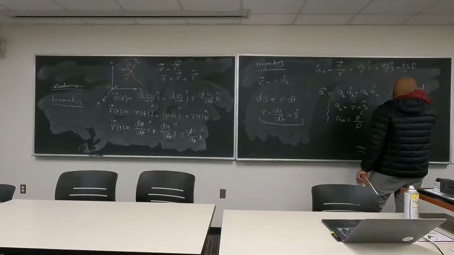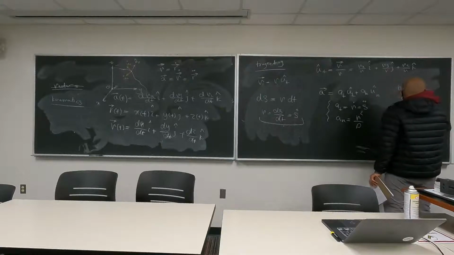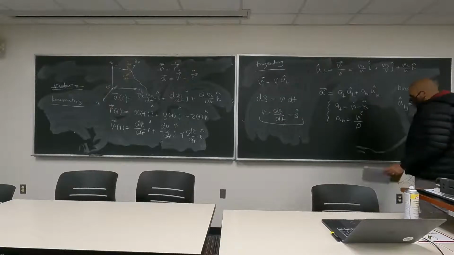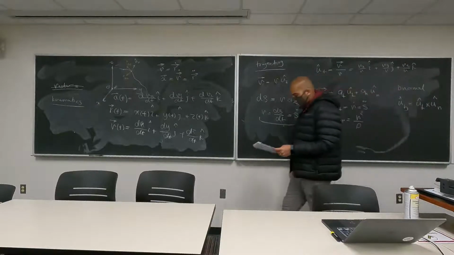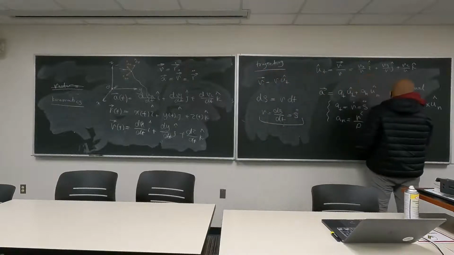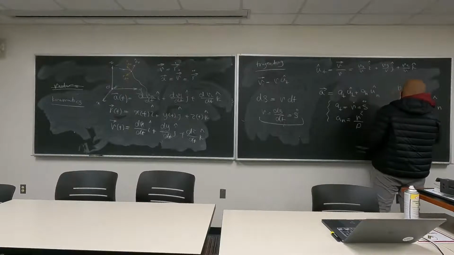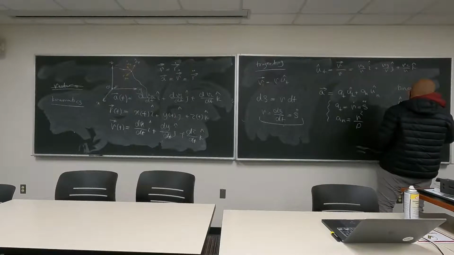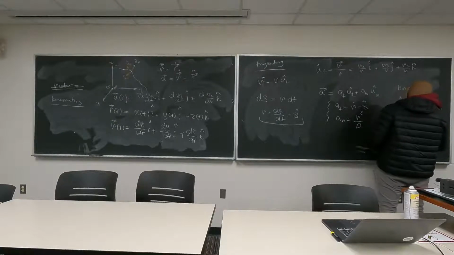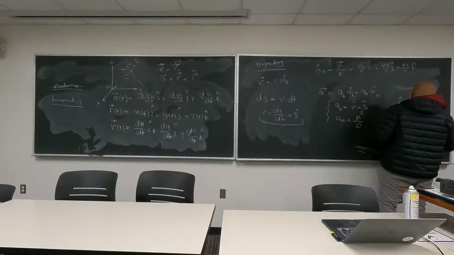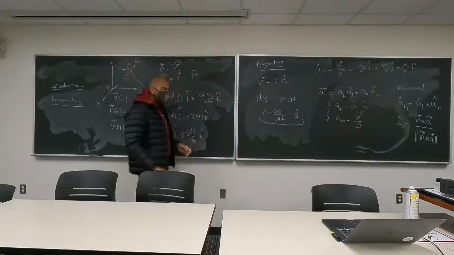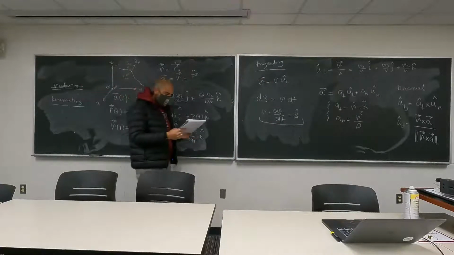This binormal is essentially the tangential unit vector cross product with the normal unit vector. We can also show that this can be calculated using the velocity and acceleration vector, the cross product of those, divided by the magnitude of this cross product. So this is the direction of the cross product of velocity and the acceleration.